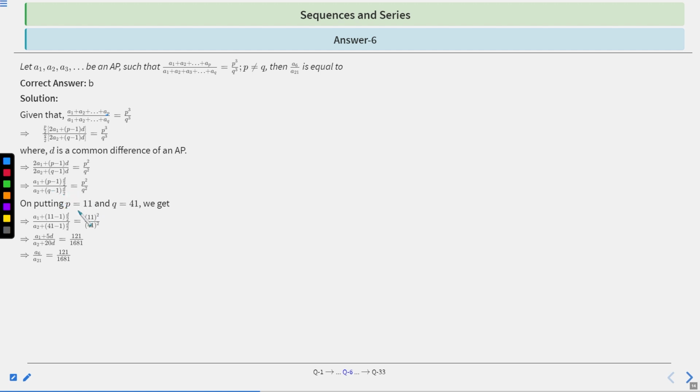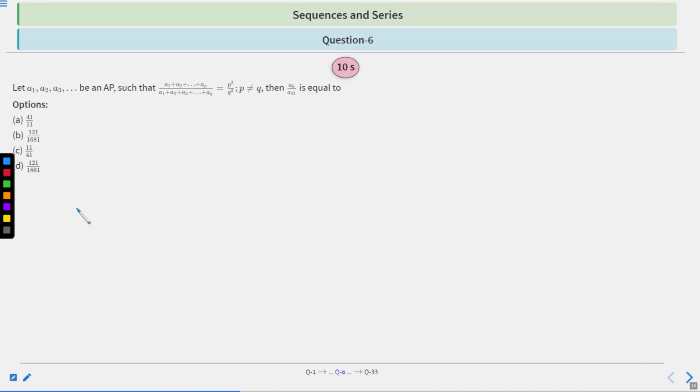So after solving, we get (A1 plus (P minus 1) into D by 2) upon (A2 plus (Q minus 1) into D by 2) is equal to P squared upon Q squared. So we can solve by hit and trial by putting from the options. Suppose P is equal to 11 and Q is equal to 41.